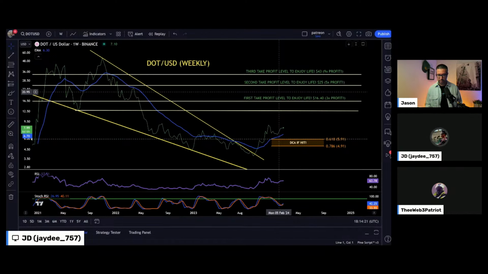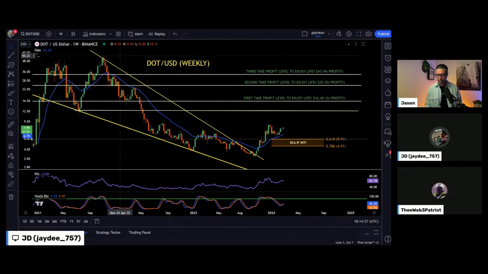But for DOT, I can see DOT breaking all-time highs, right? So basically the all-time high, go back to line chart, it's about what, 50 something dollars, right? If a candle body breaks above this 52 level, we're in this discovery zone.